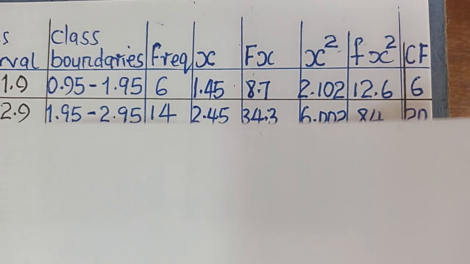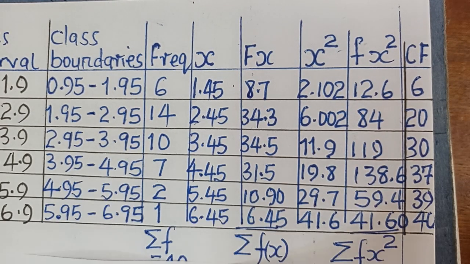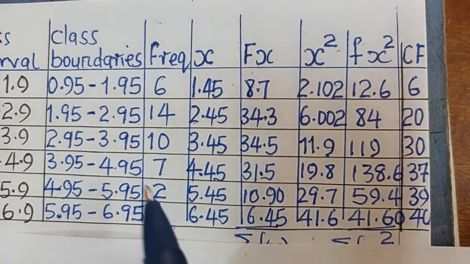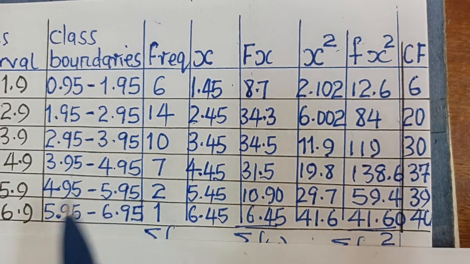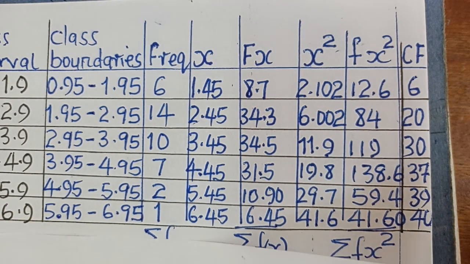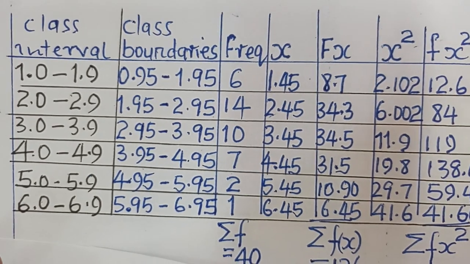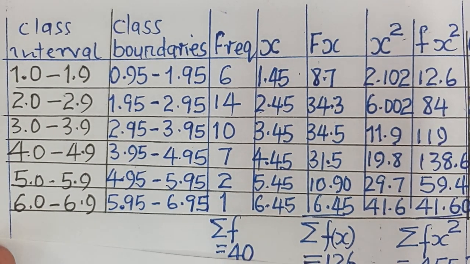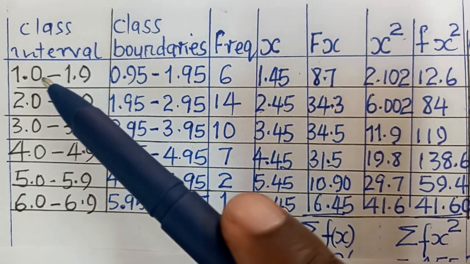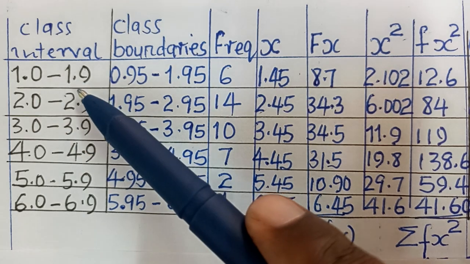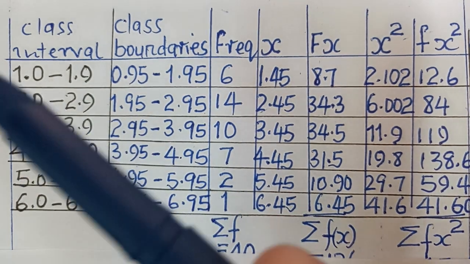So guys, here we have our data, and as you can see, I have already tried to write all that we need. What we are given here are the class intervals, from 1 to 1.9, and so on.